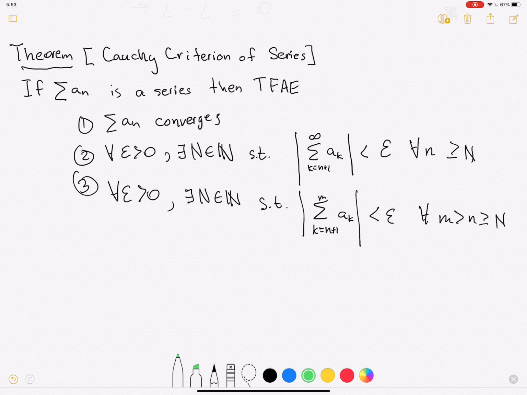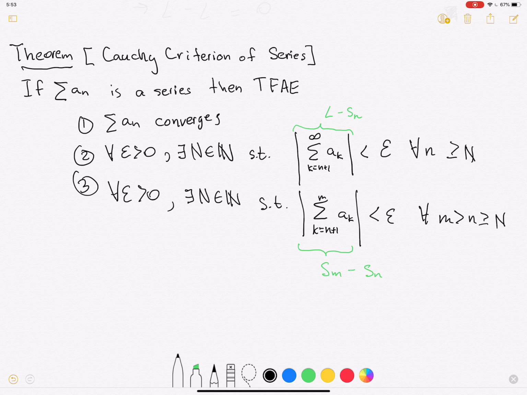What this term is, it's just the limit minus the nth partial sum. And what this term is, the mth partial sum minus the nth partial sum. And let's look at reasons why this is true.